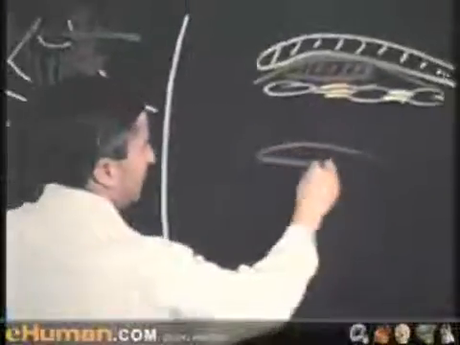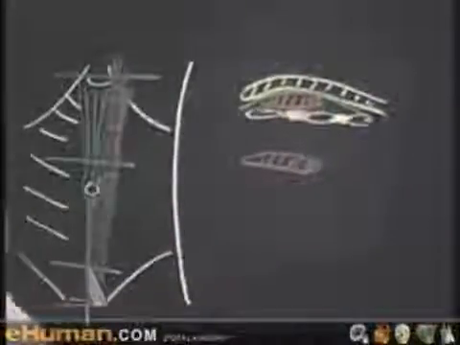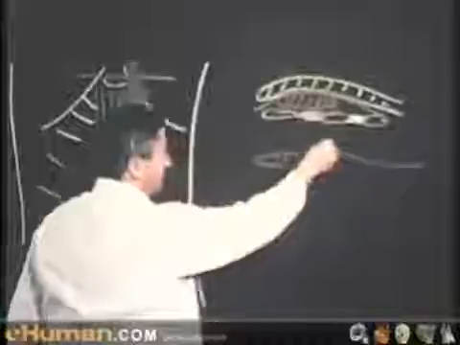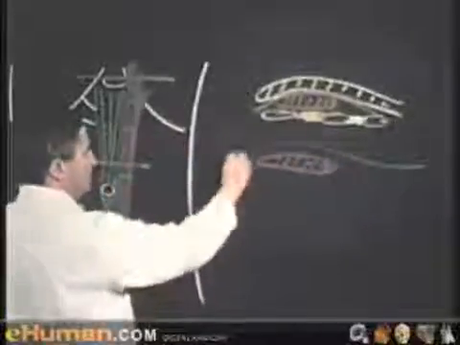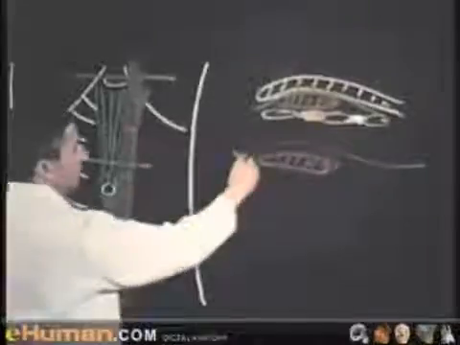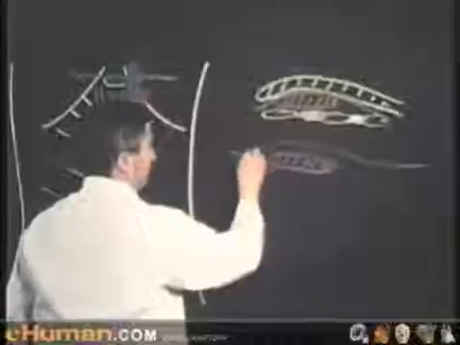We take a section through the rectus abdominis, and we bring in the aponeurosis of the external oblique, and we insert it in the midline into the linea alba. So it passes anterior to the rectus abdominis.